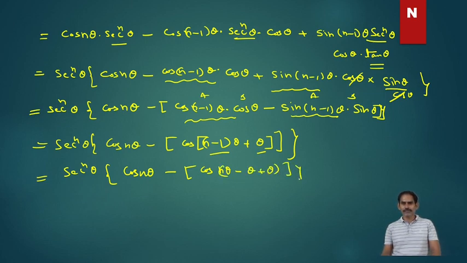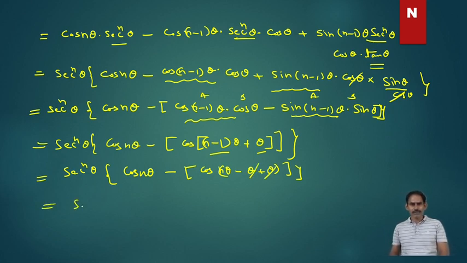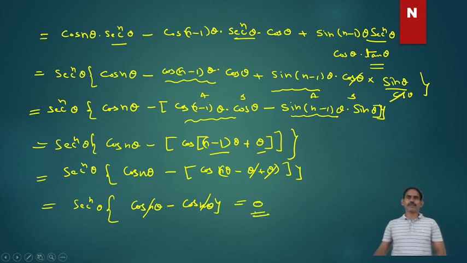Multiplying, n theta minus theta plus theta, so minus theta plus theta gets cancelled. So secant power n theta into cos n theta minus cos n theta, which gets cancelled. So this is 0, and 0 into something is 0. The answer will be 0.